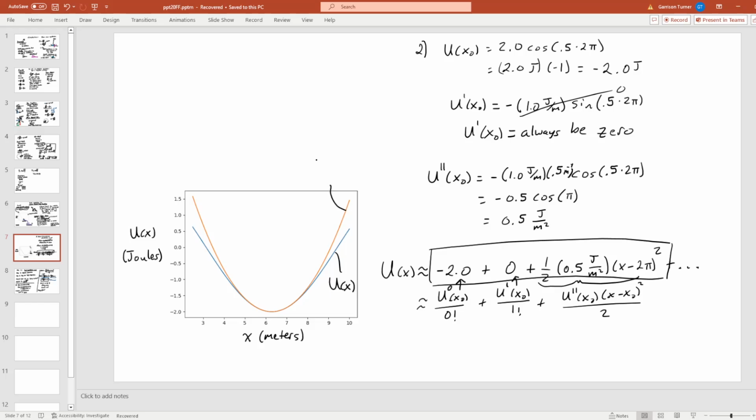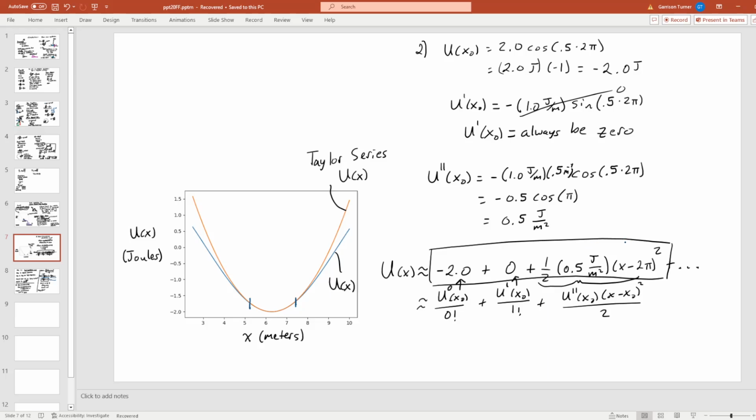This is the Taylor series u of x. And notice how from about right here to about right here, at least at this scale, the yellow lies right on top of the blue, right?